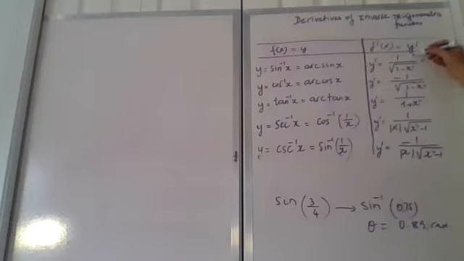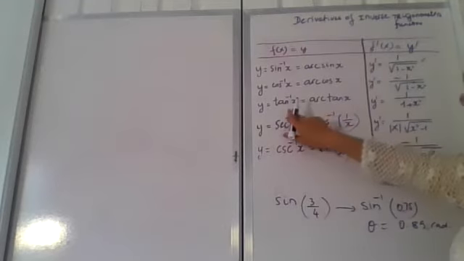So for arc sine x it is a positive fraction, and for the inverse of cos x it is a negative fraction. They are exactly the same, but one is positive and one is negative.